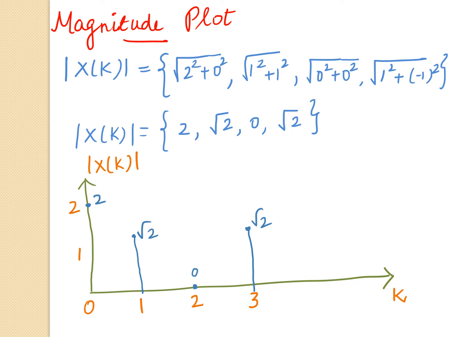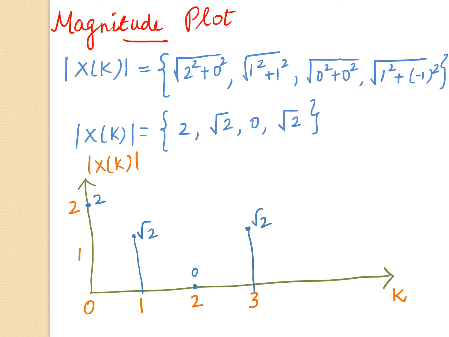Upon simplifying all these values, we can find the modulus of X of k as 2, root 2, 0, root 2. So now with these values of modulus of X of k, we can plot the magnitude plot.